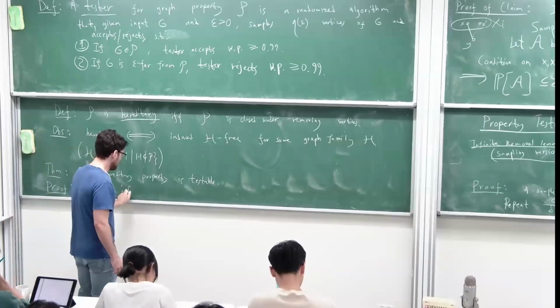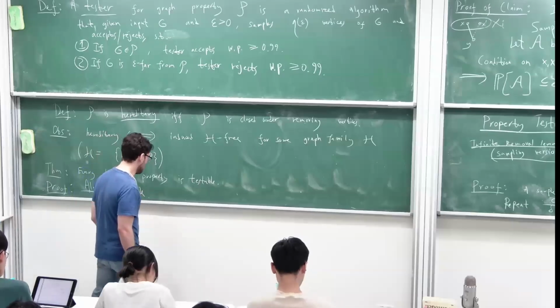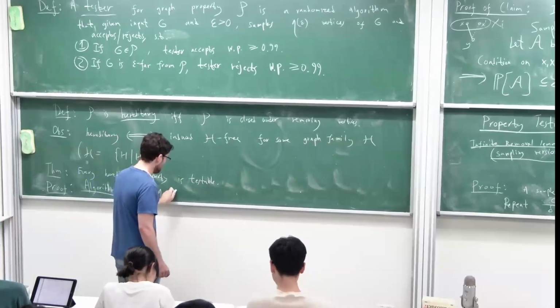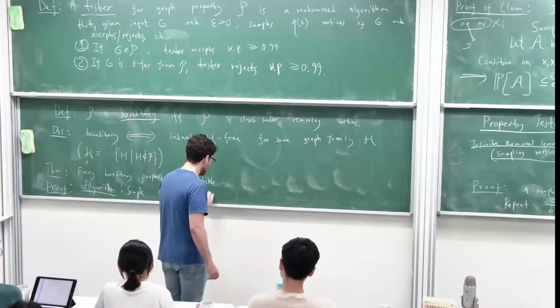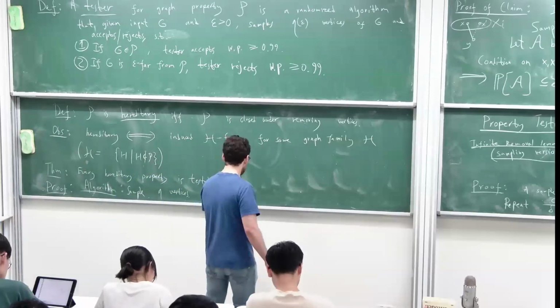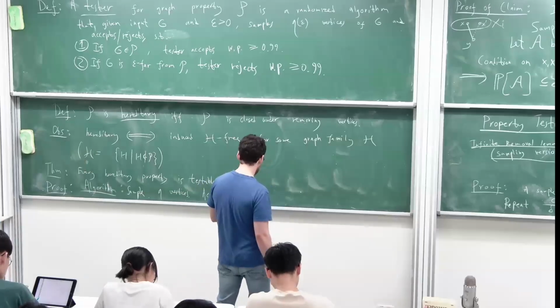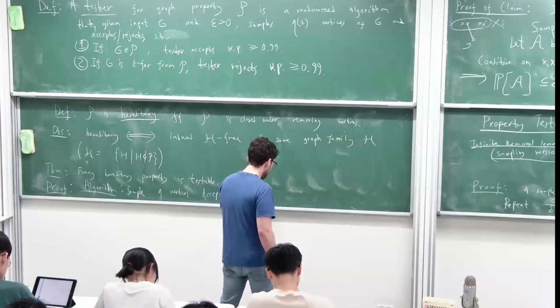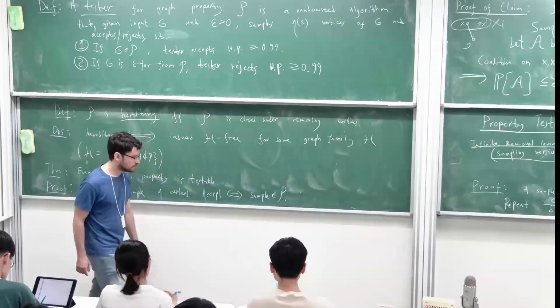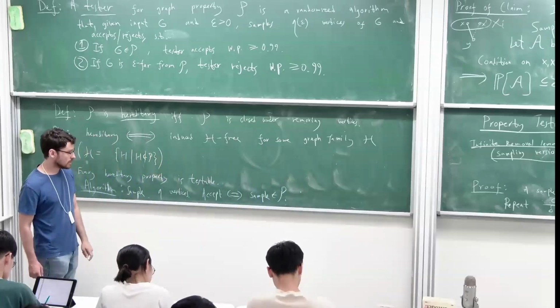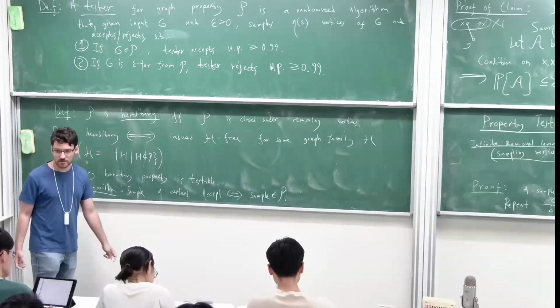Sample Q vertices and just accept if and only if the sample satisfies the property. So why does this make sense?